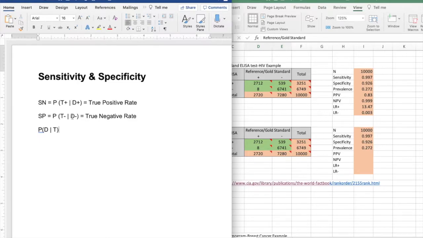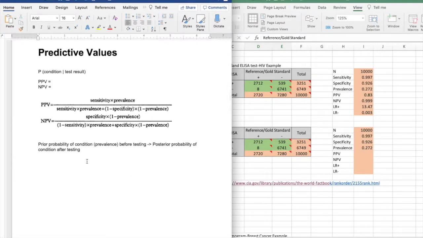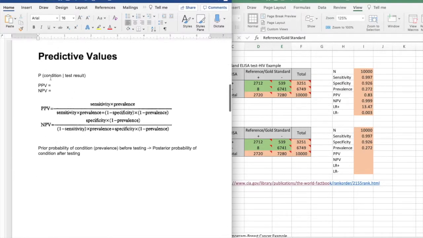So we actually want to know the opposite of what sensitivity and specificity are telling us. And we do that with predictive values. Predictive values are the probability of the condition given the test result, which is what happens clinically.